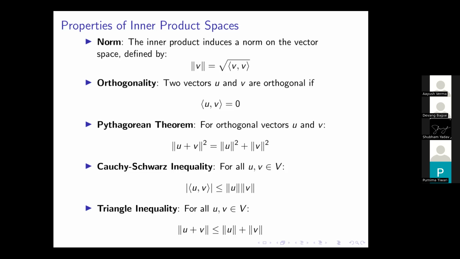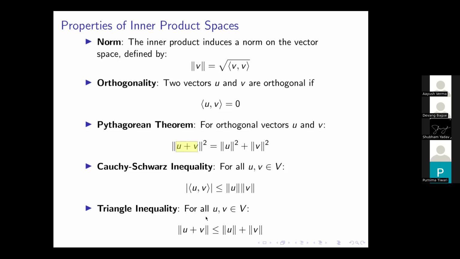So consider any vectors u and v, and if we perform any action between them, u and v, in relation with the Pythagoras theorem, then the norm of u vector plus v vector, whole square, will be u square plus v square. Now we will talk about the triangle inequality.